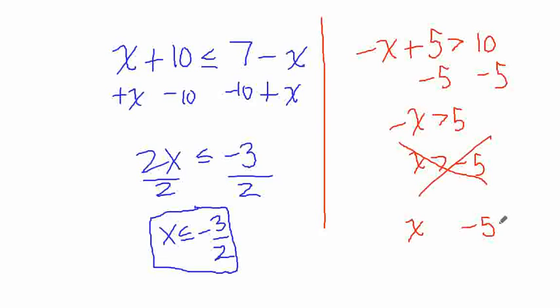That was fine, but now instead of a greater than symbol, I have to make it a less than symbol. Now pick any number that's less than minus 5, and you'll see that it will satisfy the original equation. Keep that in mind: whenever you multiply or divide by a negative, you need to switch from a greater than to a less than, or from a less than or equal to a greater than or equal.